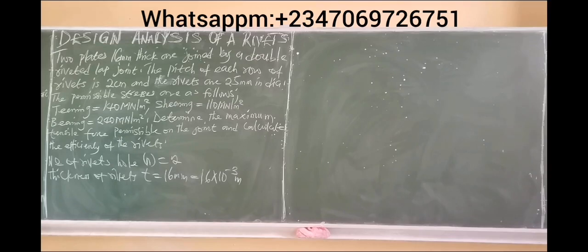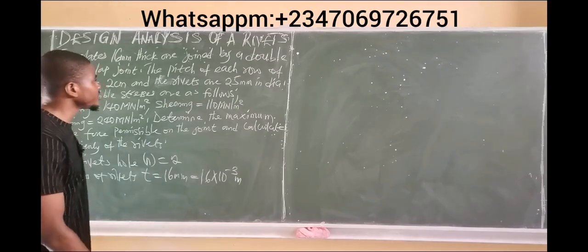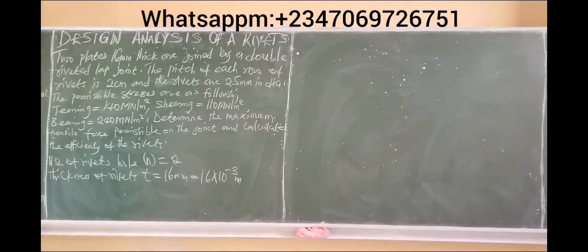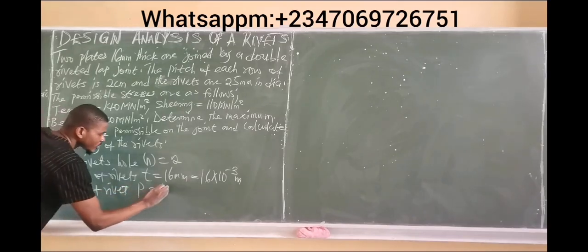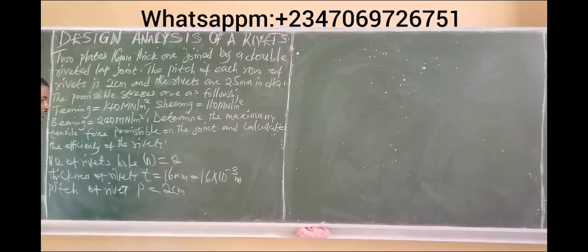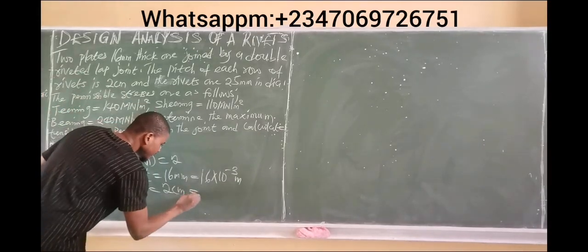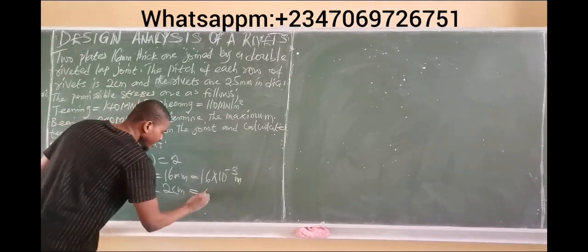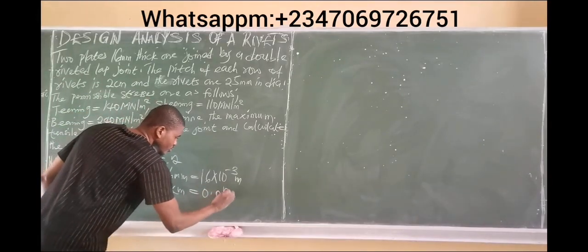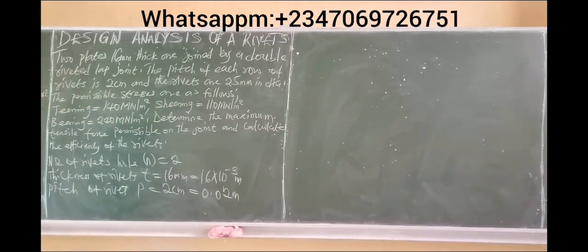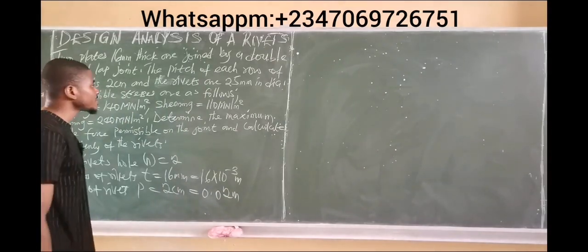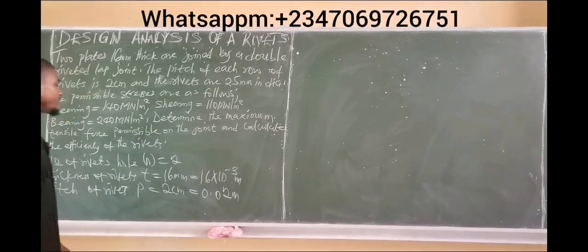Let's continue. It says the pitch of each row of rivets is 2 cm. So the pitch was given to us. Pitch of rivet, p, equals 2 cm. You have to divide by 100 just to convert to standard units, meters. If you divide 2 by 100, you simply have 0.02 meters. And the rivets are 25mm in diameter.